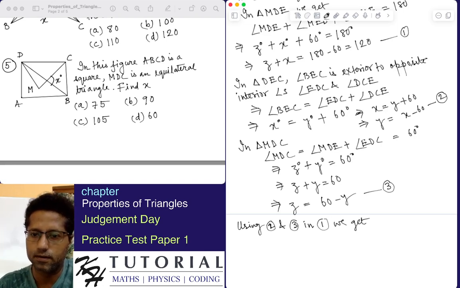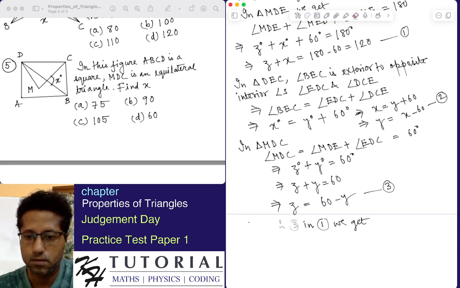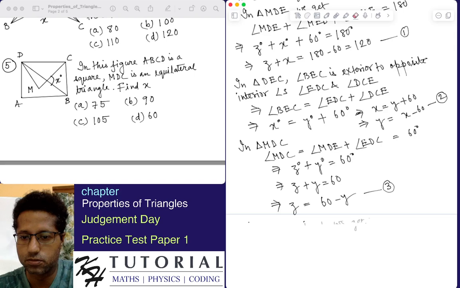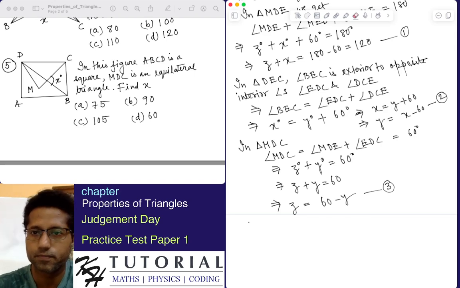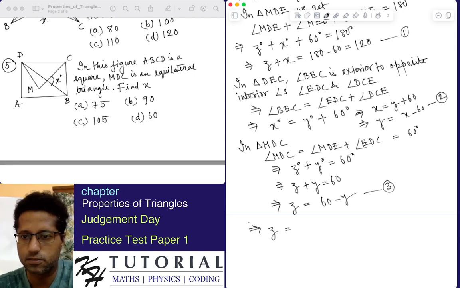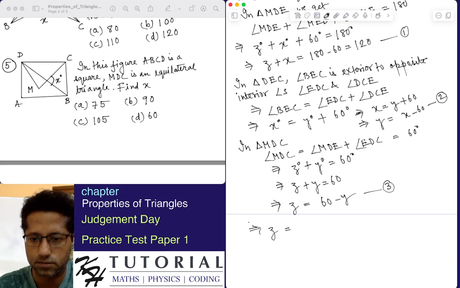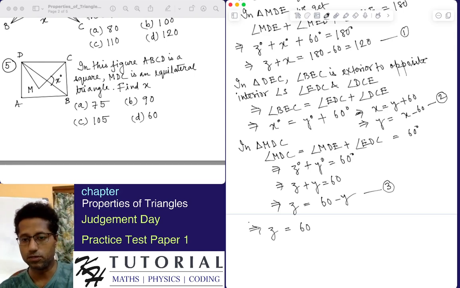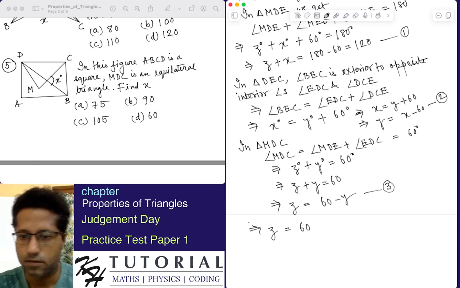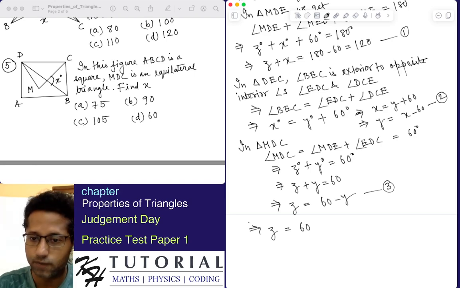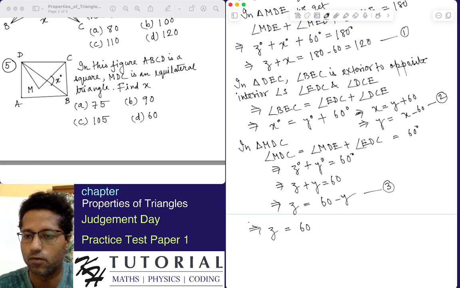But before that, we got Z equals 60 minus Y. Let's substitute the value of Y in equation 3, with its value in terms of X that we got in equation 2.